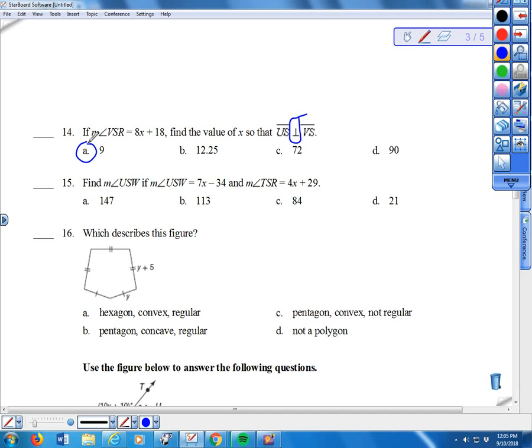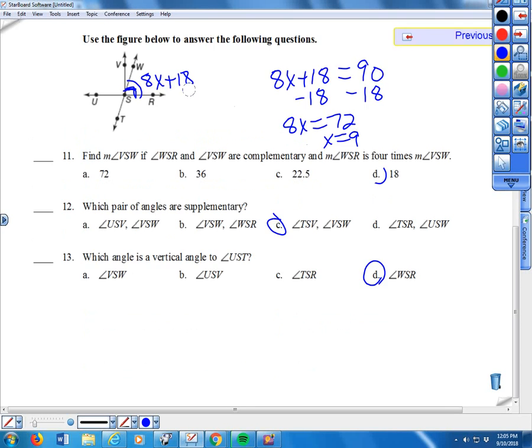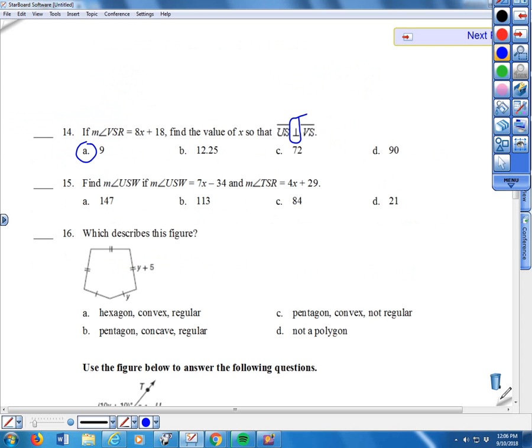Okay, and now find USW if the measure of USW is right here, 7x minus 34, I think it was.